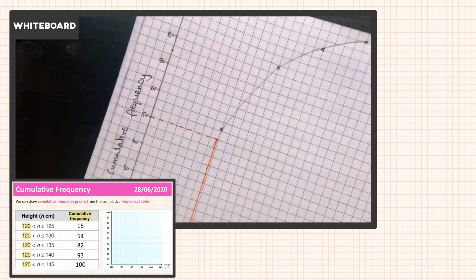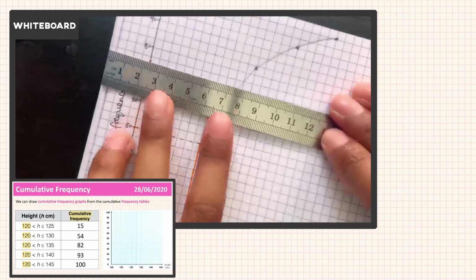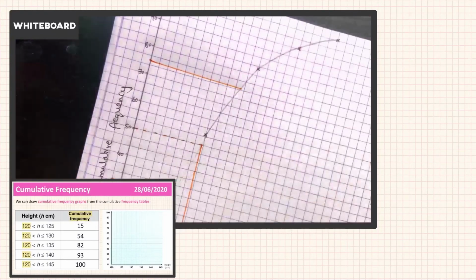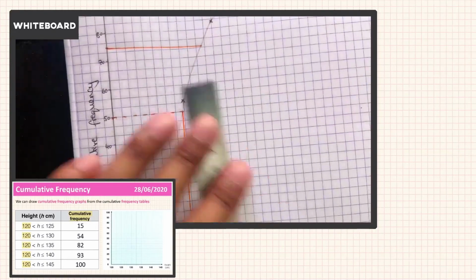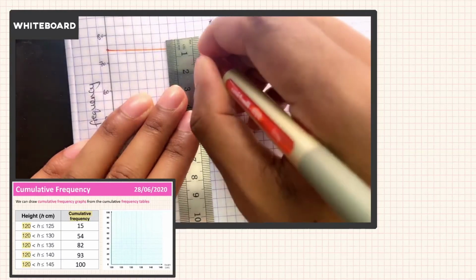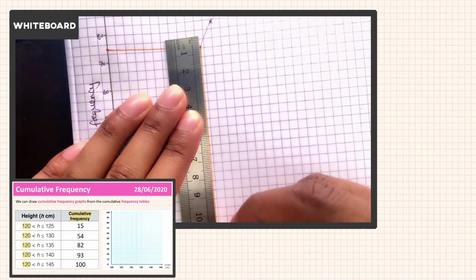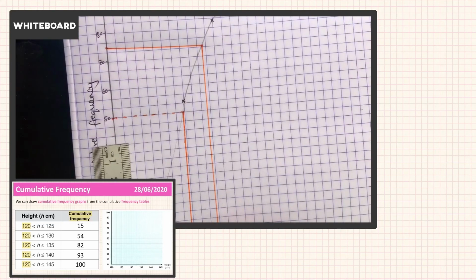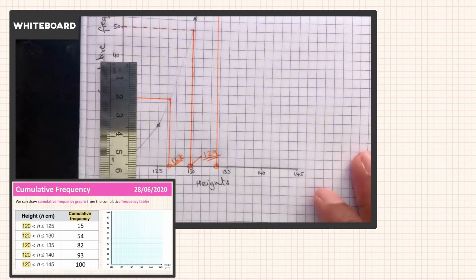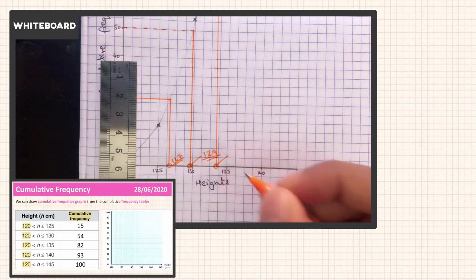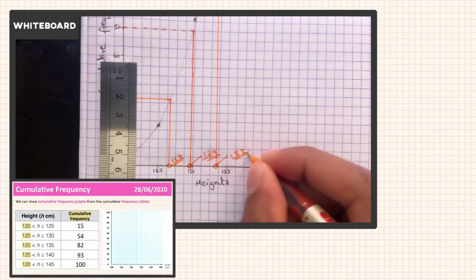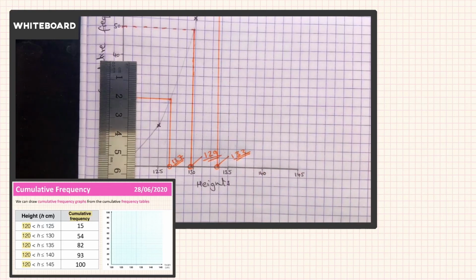I'd go across, take my ruler, go across like that till I hit the graph. Then I go straight down there, and there's my upper quartile, and that could be about 133.